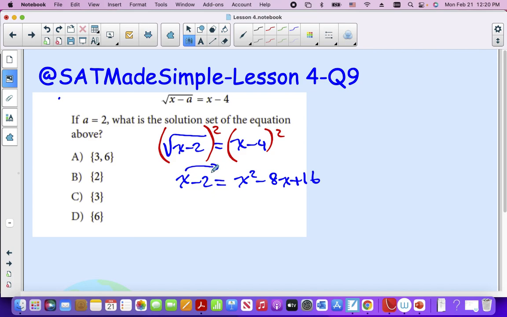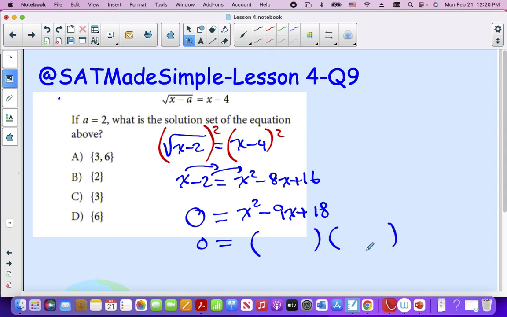Move this and this to the other side, that makes this side 0: x squared minus 8x minus x, minus 9x, and 16 plus 2, that is 18. All I need to do is factorize: x squared, x and x.